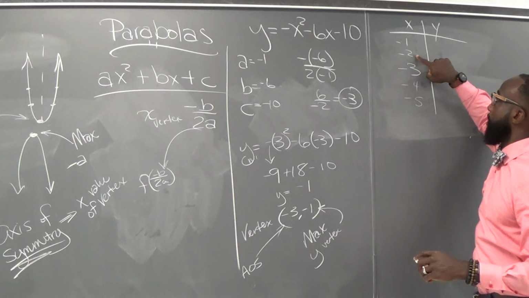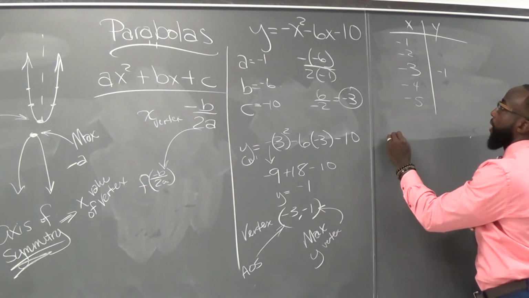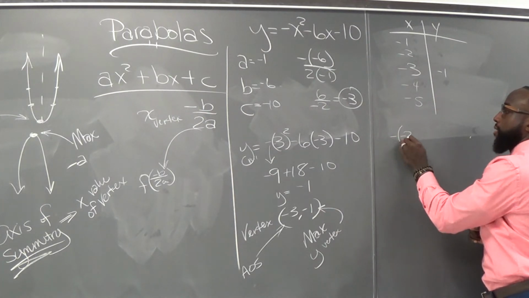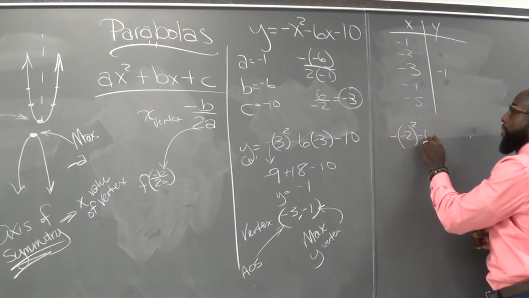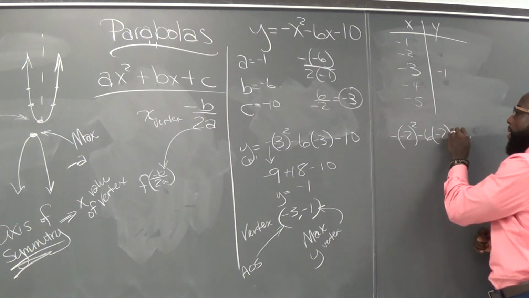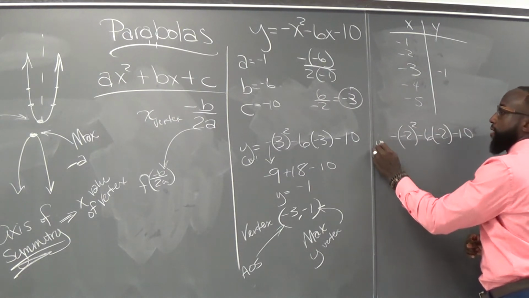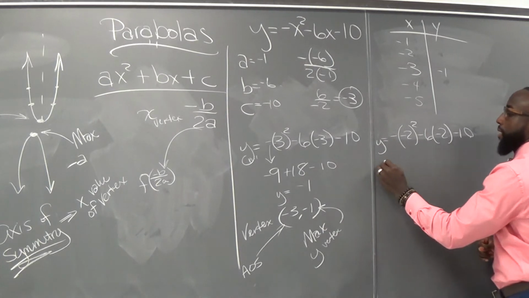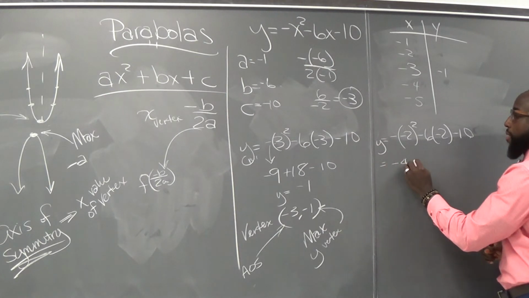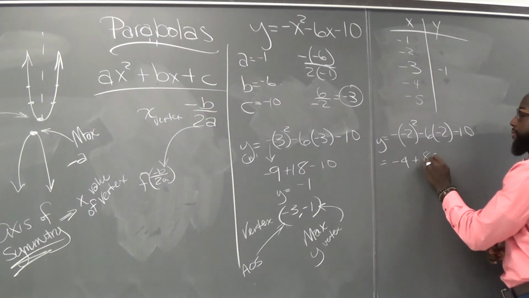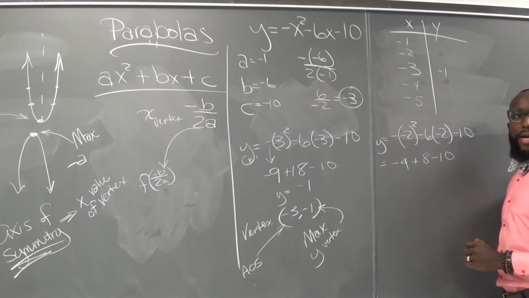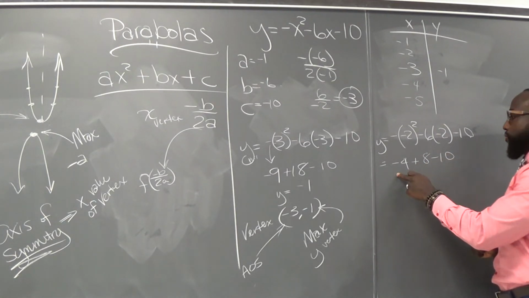Okay? So let's do -2. So we'll substitute -2 in for x. So that's (-2) squared minus 6 times -2 minus 10. Right? That's going to be your new y. So that's going to be -4 plus 12 minus 10. Alright? We all good so far?